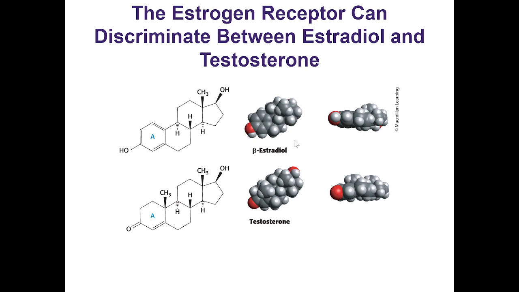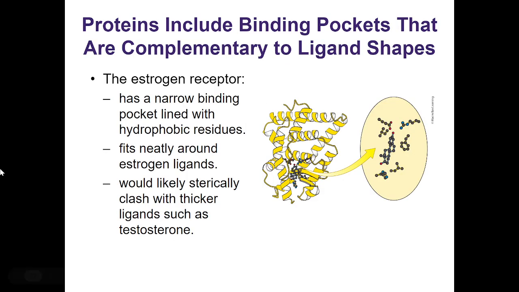By the way, again, structure dictates function. They look very similar, right? The proteins are going to include binding pockets that are complementary to their ligand shapes. The estrogen receptor is right here. Can everybody see that receptor okay?